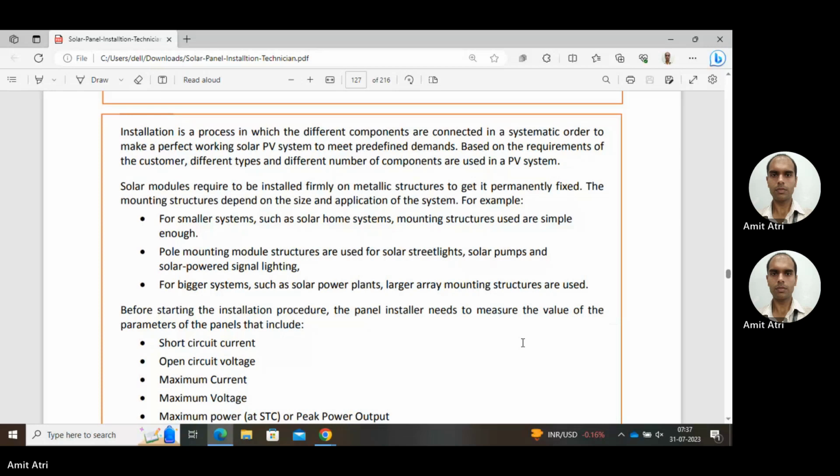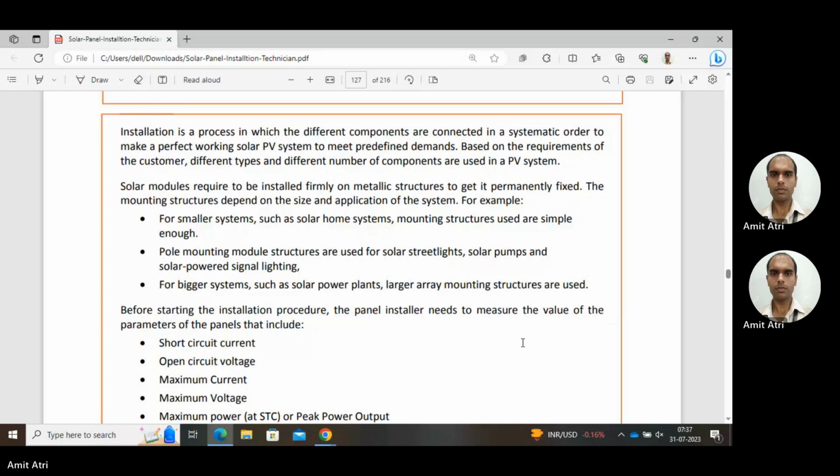So our structure should be strong enough to last that long. Then it has to withstand high speed wind as well. The wind could be there because it is an open installation, mounted on the rooftop or on the ground. So the structure should not be broken down by the wind, high speed air.